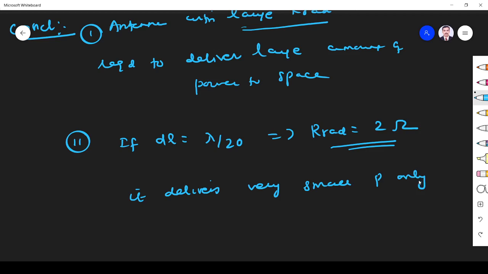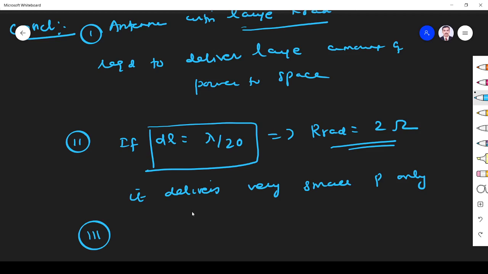Right? So already we know that for Hertzian dipole antenna, DL should be less than lambda by 10. So for a Hertzian dipole, lambda by 20 itself is giving 2 ohm, which means lambda by 10 will give 4 ohm or 5 ohm only. So that resistance is very small. So the antenna cannot deliver much power. That's why the Hertzian dipole is not used in real-time scenarios.